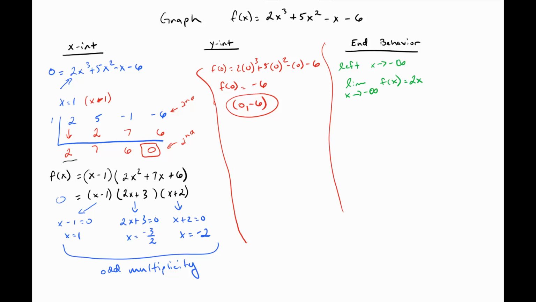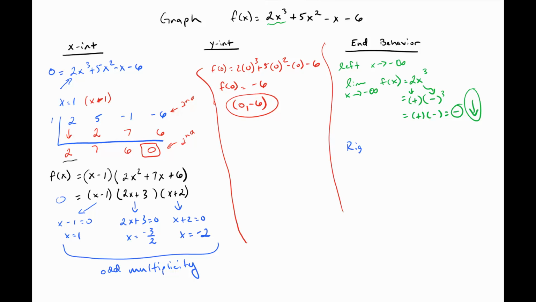And I know that'll just be equal to the big term as x gets real small. And again, I just care about the fact that 2 is positive, and that in this case, since I'm going to the left, x will be negative. So I end up with a positive times a negative, which is of course negative. So I know that my left end behavior is I'm going to be going down.